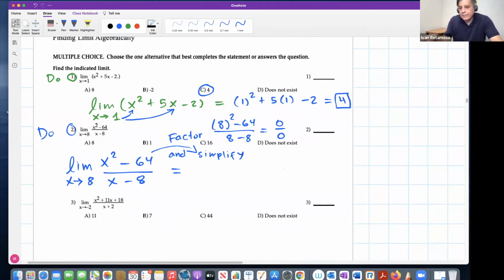It's not that difficult. Also, you should probably recall this result from algebra: a squared minus b squared equals a minus b times a plus b. It's called factoring the difference of two squares.